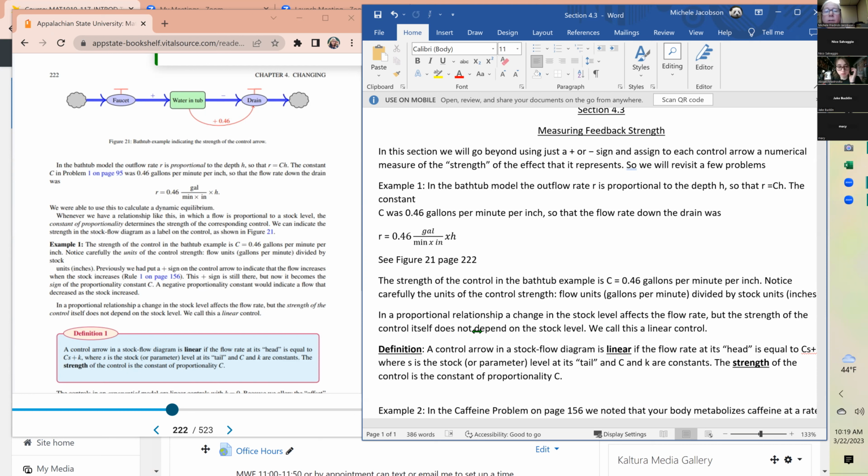Both the strength of the control itself does not depend on the stock level. We call this a linear control. So it's not just on this, because you also have some coming out here. And depends on how much is going in. In this case, they didn't tell us.